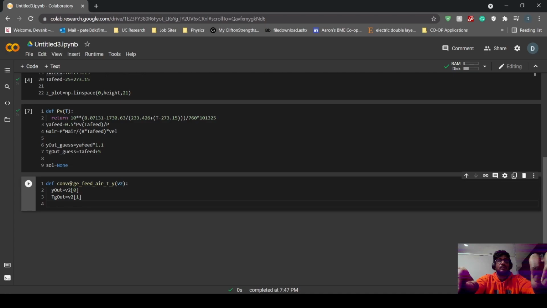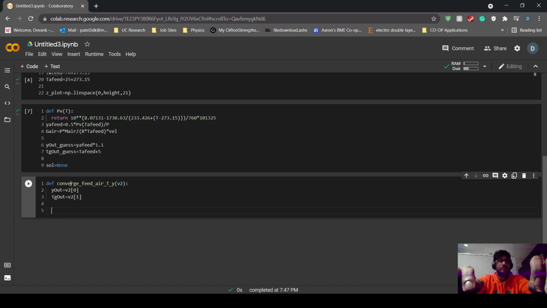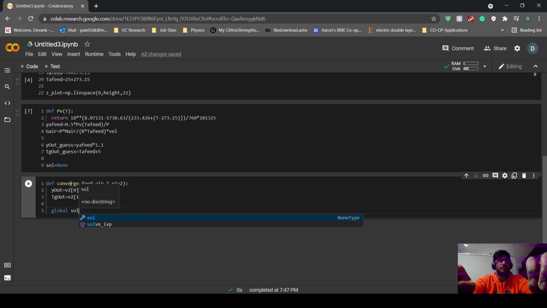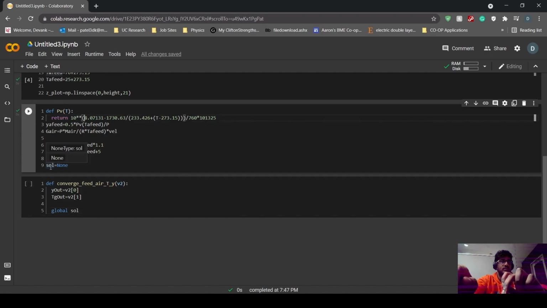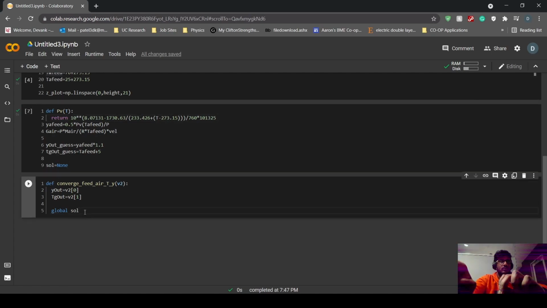And inside this function, we're going to also use a thing called global sol. So global sol. And what this allows us to do is modify variables outside of its current scope. So now we're going to be calling this sol variable out.